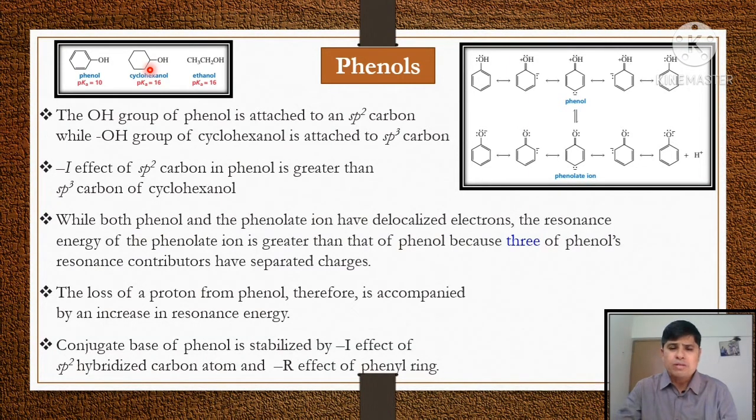In an sp hybridized orbital there is 50% s character, in sp2 there is almost 33% s character, and in sp3 there is 25% s character.